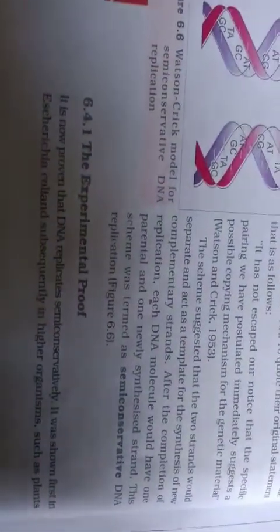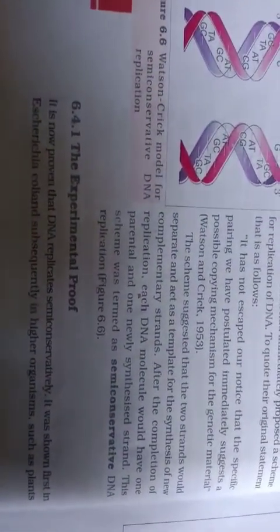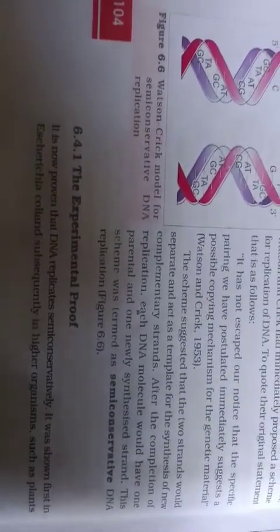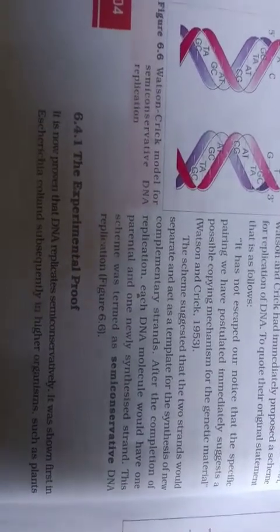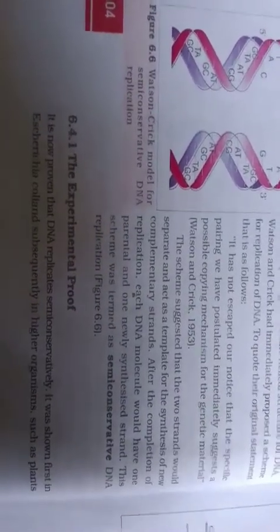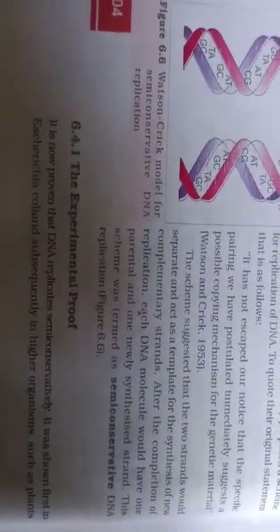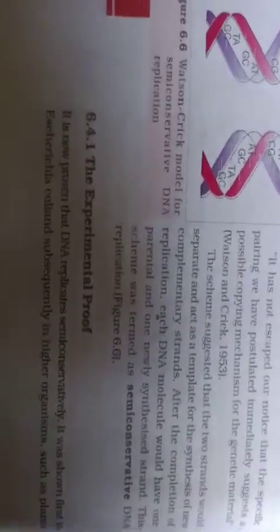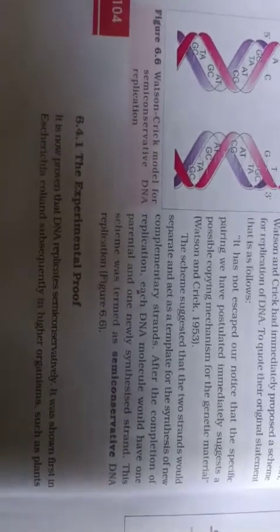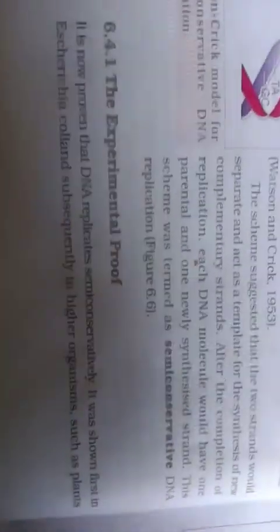Now the experimental proof of the semi-conservative mode of replication was provided by Meselson and Stahl. They performed an experiment through which they proved that DNA replication is semi-conservative in nature.